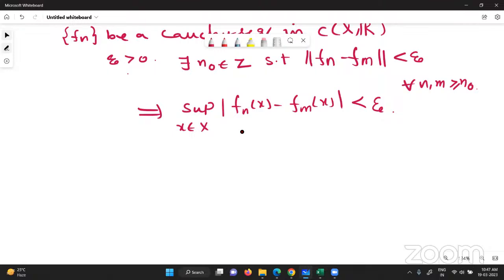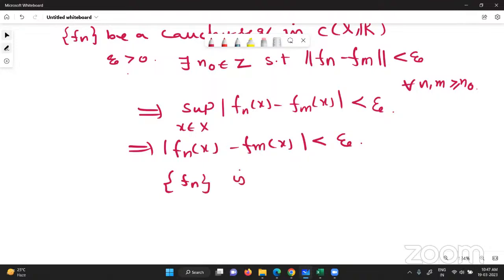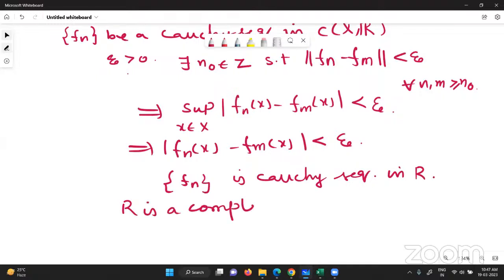This implies Fn(x) minus Fm(x) is less than epsilon. That means Fn(x) is a Cauchy sequence in R. But we know that R, the set of real numbers, is a complete metric space.